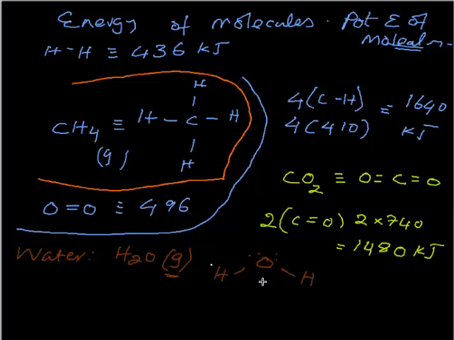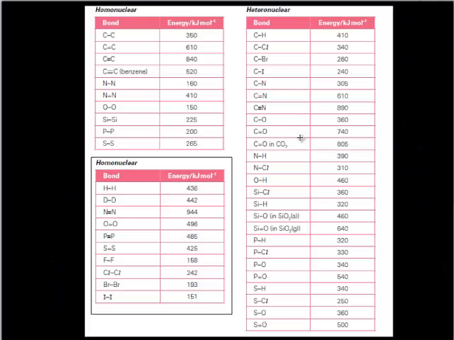So in water there's 2 times O-H bond. And we look at O-H in the data booklet, how much it is. Where is the O-H now? Here it is, 460 kilojoule per mole.